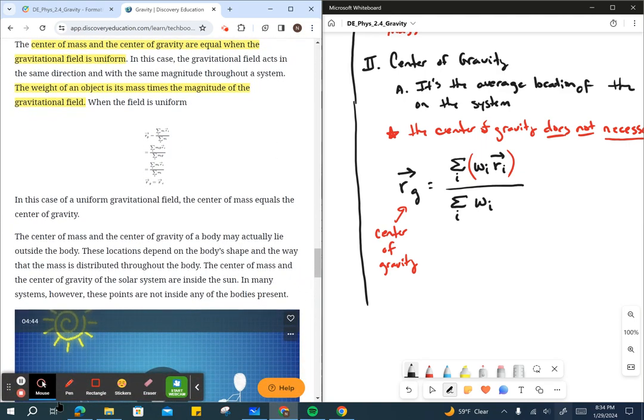That equation there is worth putting a little thing around. And I'm going to try to say that over here, you could see where w_i is basically equal to the mass m_i times gravity. Okay.